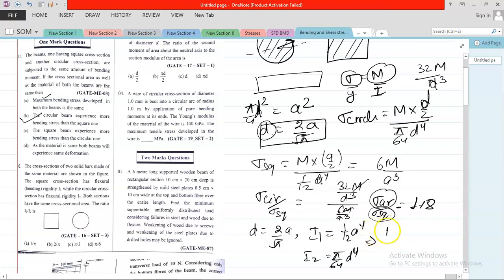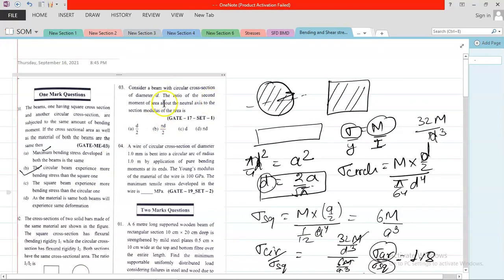I1/I2 is equal to 64/(12π) times a^4/d^4. Now a^4/d^4 is π^2/2^4, so that is 64/12 into π^2/16. The π will cancel out once, and 16 cancels with 64. So the answer is 4π/12, or π/3.